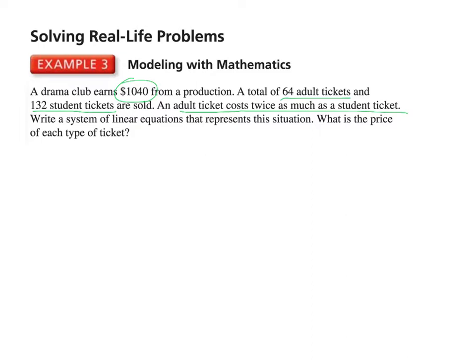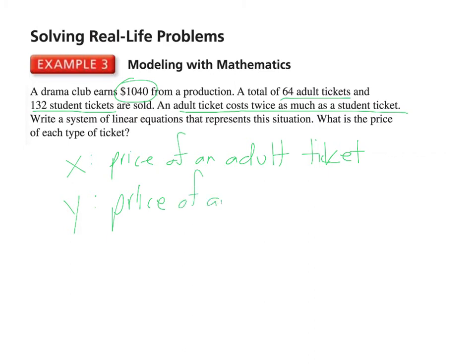Okay. So we'll say X is the price of an adult ticket, and Y is the price of a student ticket.